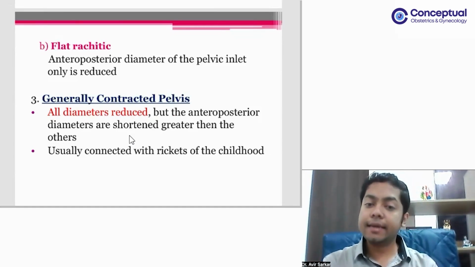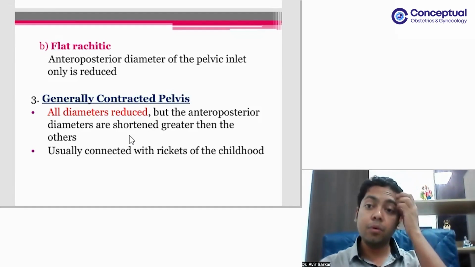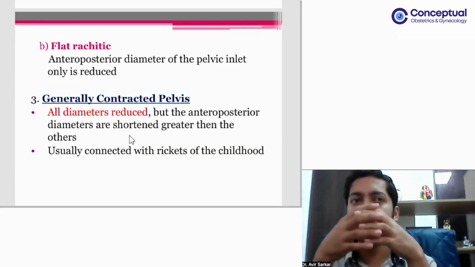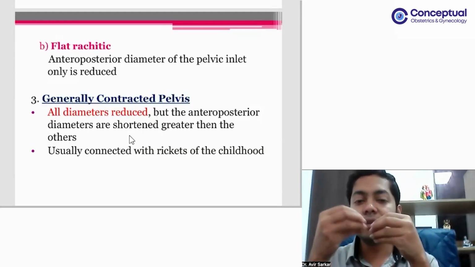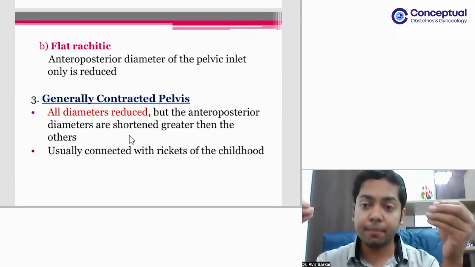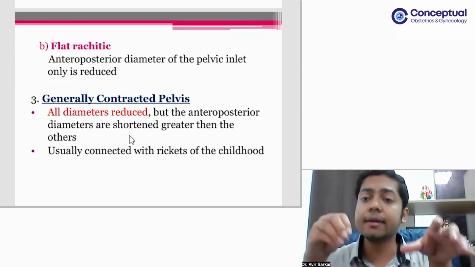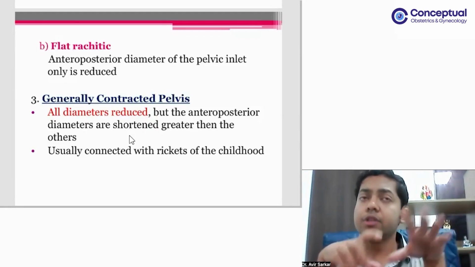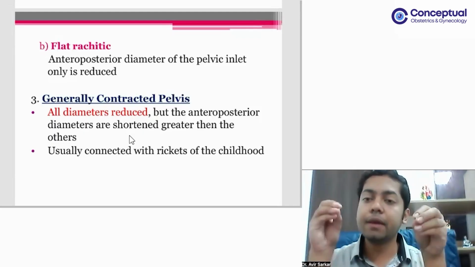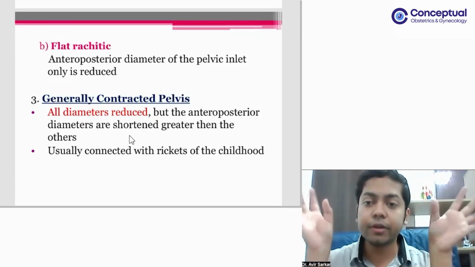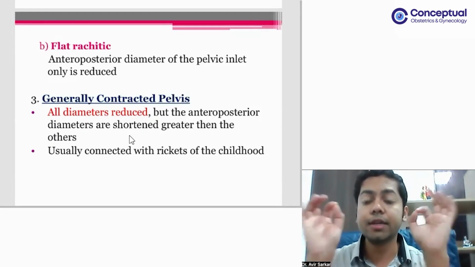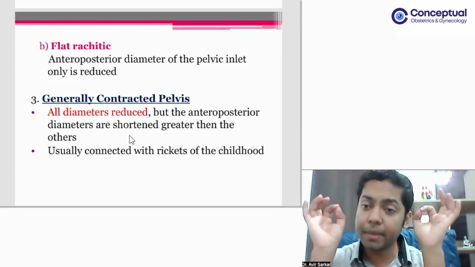Then comes the generally contracted pelvis, which means all the diameters are reduced by a severe amount. But the anteroposterior diameters are shortened more compared to the transverse diameter. So basically, the concept you have to remember in contracted pelvis is that the anteroposterior diameter is majorly reduced.